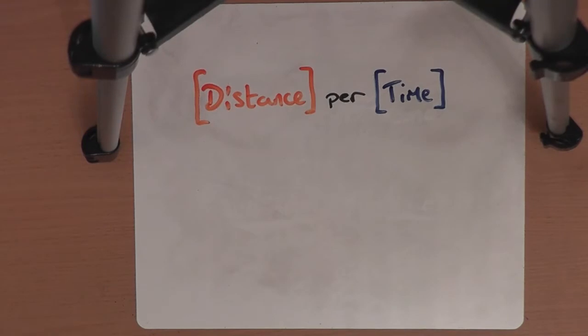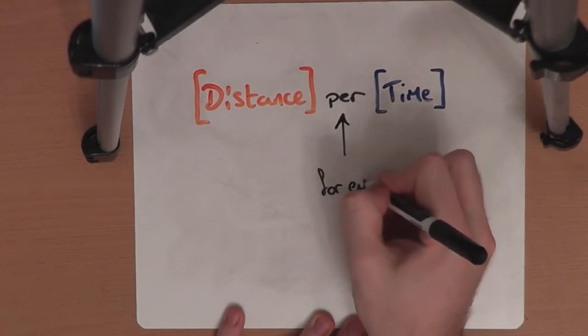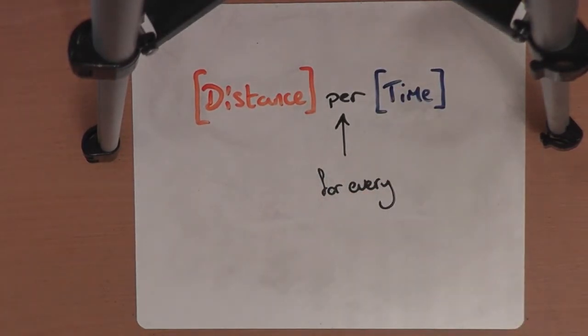So then the question is, why are all speed units a distance unit per a time unit? Think about this word per in the middle. One of the things that this word per can mean is for every. So a speed unit is a measure of distance for every unit of time that you are looking at.